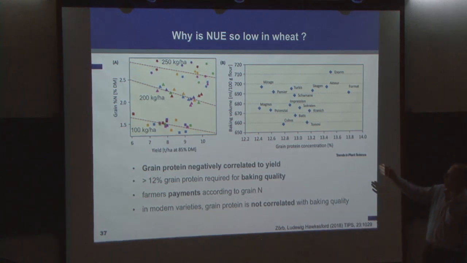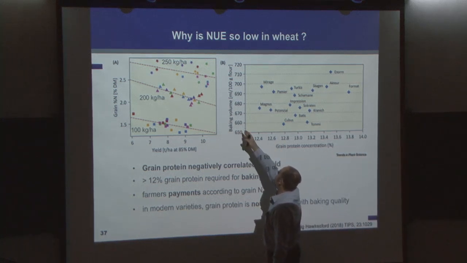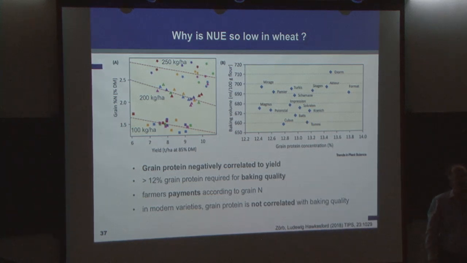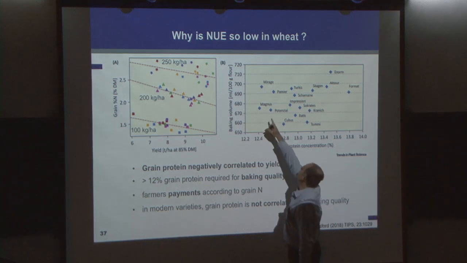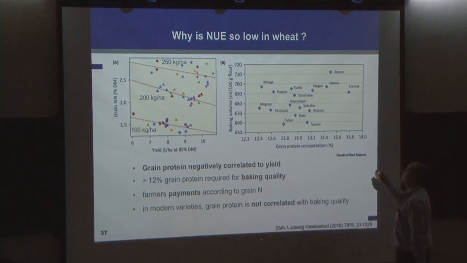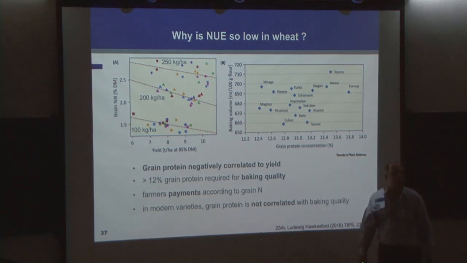If this grain protein concentration would be correlated with baking volume, then we would have all these genotypes on a line. They are not. Basically, you can get very good baking quality with Mirage genotype at relatively low grain protein, and you can get much less baking quality with Tommy with much higher protein.